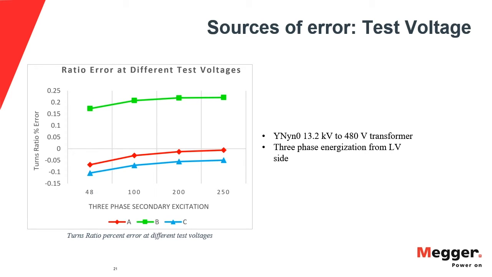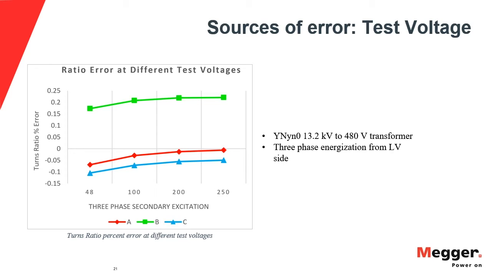Let's look at another example. This one is interesting. It can be confusing at first. In this case, a YN0 transformer, 13.2 kV on the high side, 480 volts on the low side. On this one, we were doing a three-phase energization from the low voltage side, right? So a step up technique.